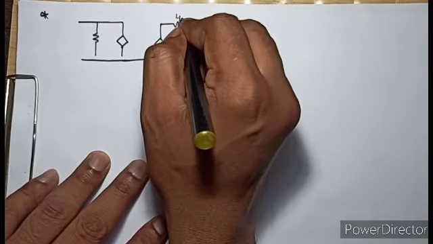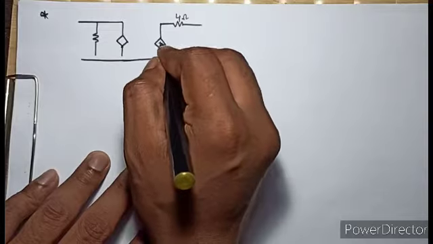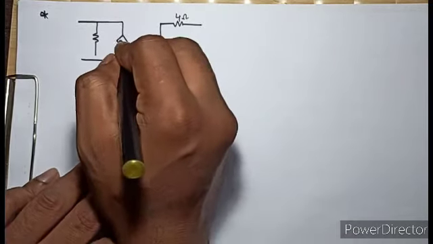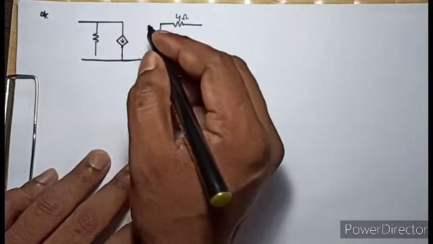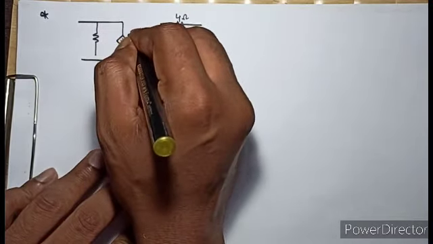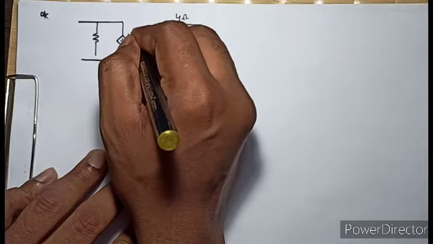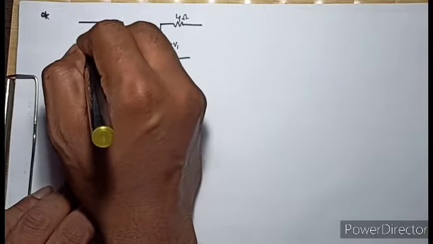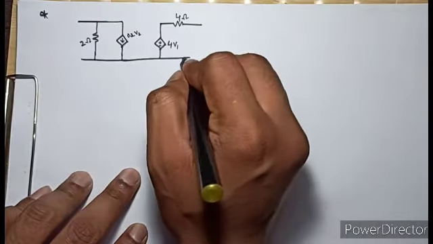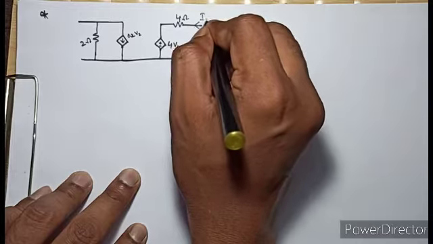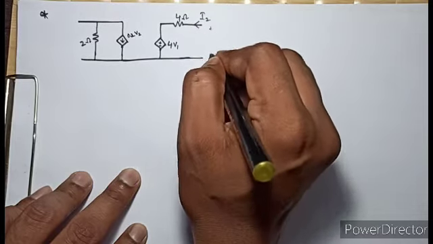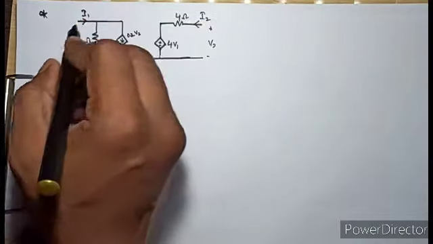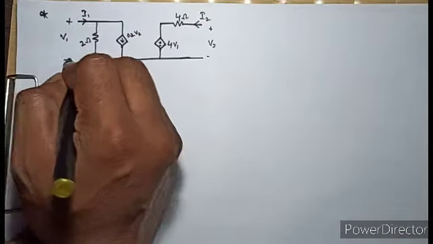This is 4 ohm, this is plus or minus 4 V1, this is current source 0.2 V2, and this is 2 ohm, right? This is our I2 and this is V2. This is our I1 and this is V1.